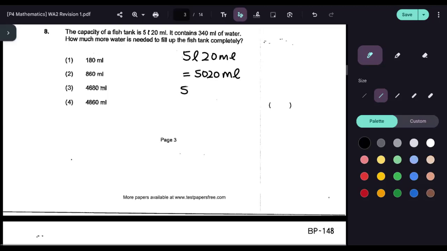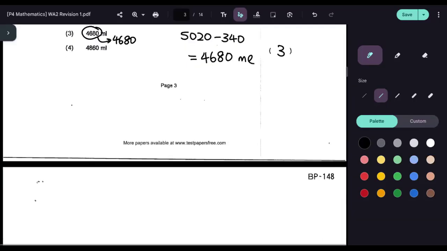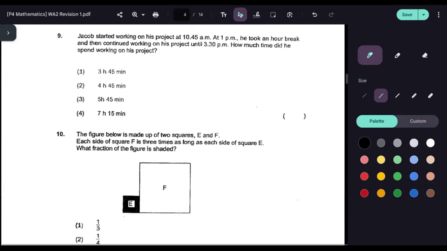We can just take 5020 minus 340, which will give us a fantastic number of 4680 ml. So it's 4680, answer will be 3. Okay, this is 4680, in case you all cannot see. Okay, can. Alright, next one.